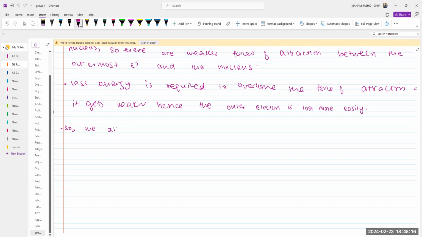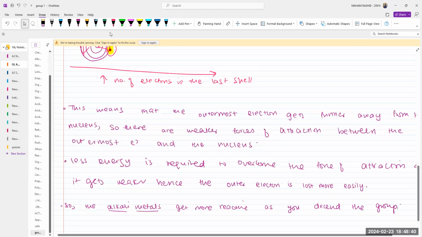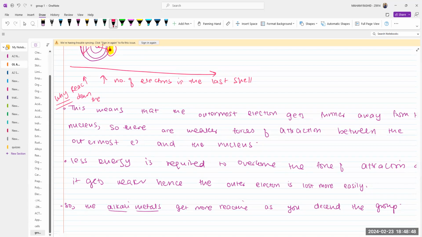So the alkali metals, meaning group 1, get more reactive as you descend the group. Okay, so this is basically the explanation for why reactivity increases down the group. So if they ask you this in the exam, these are the 3 pointers that you need to write.